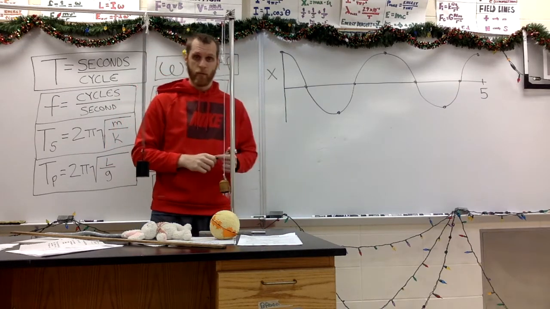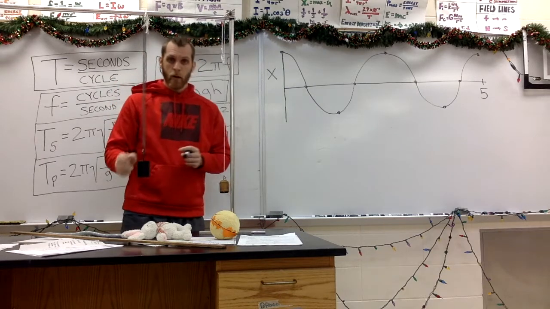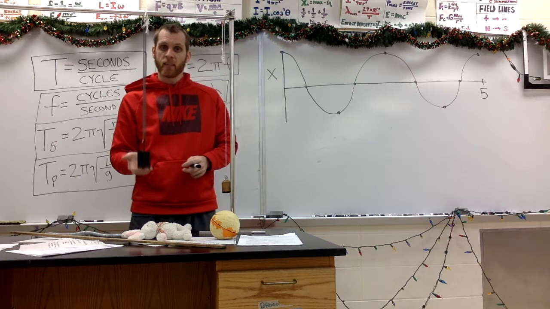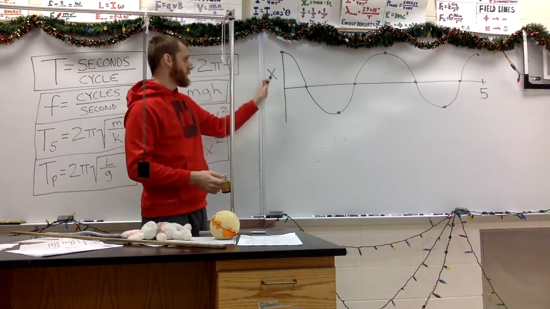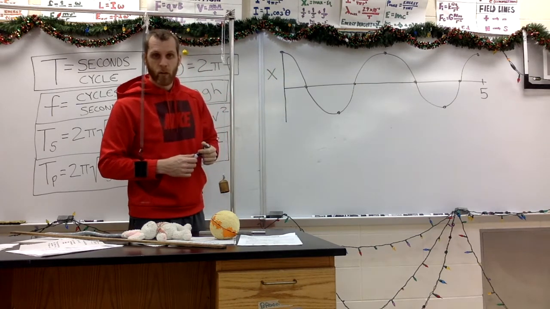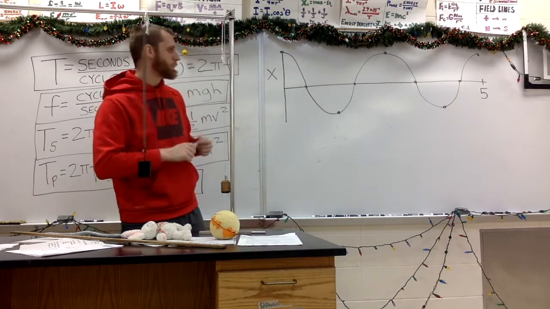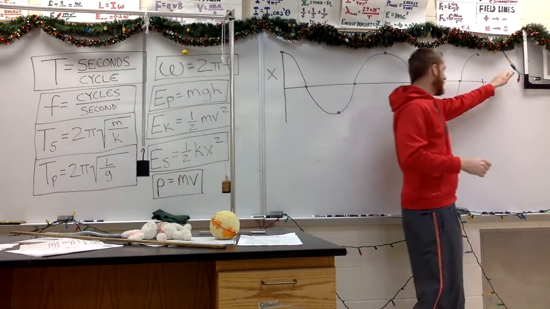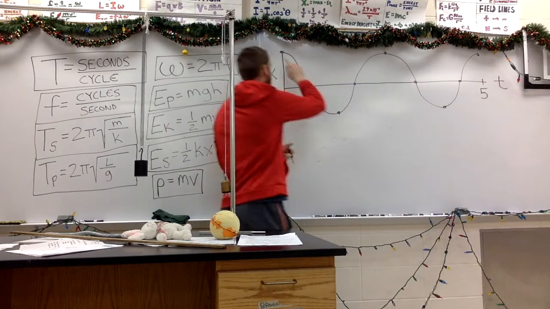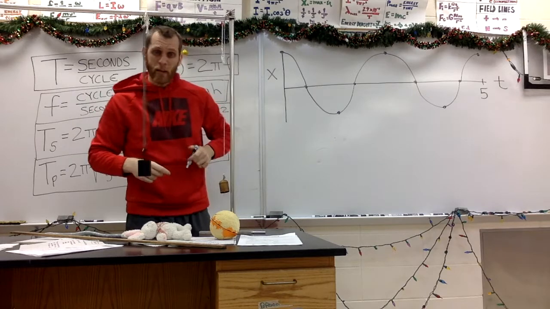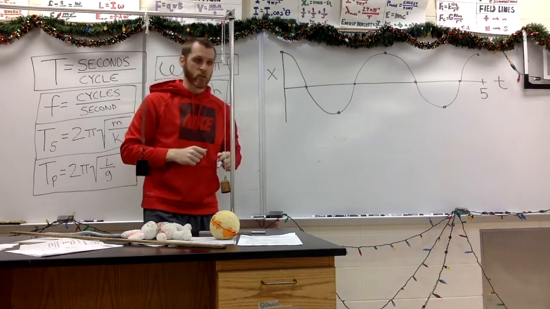Alright, so now analyzing this mass on a spring, let's first determine what the graph looks like, the displacement versus time graph. So if you think about it, the mass started off by being displaced some value. Here is our x, and on the horizontal axis, we have time. So basically what happened is that the mass started up here at 10 centimeters or 0.1 meters above its equilibrium position.